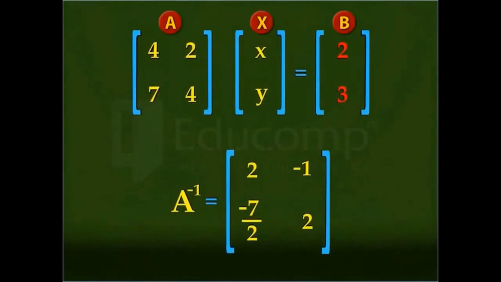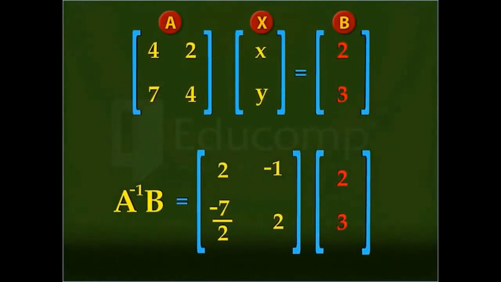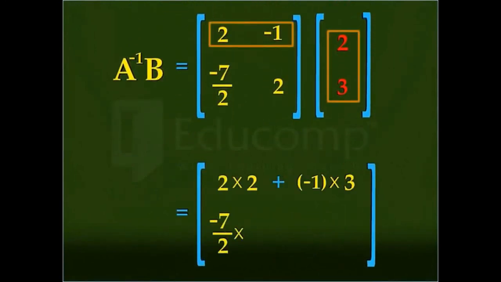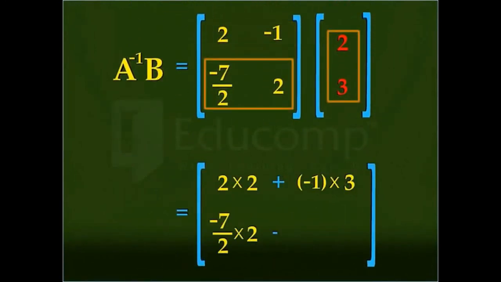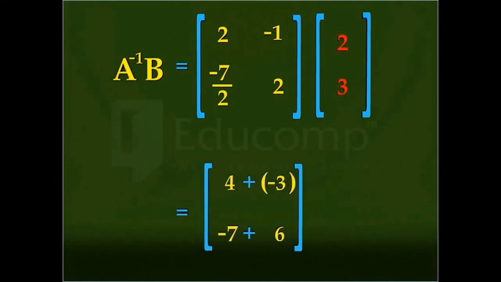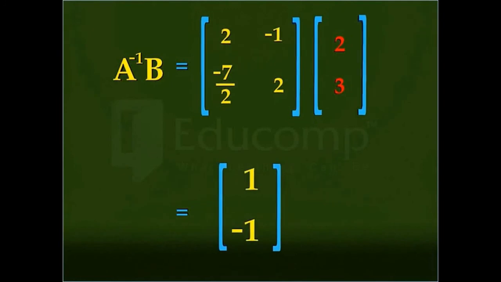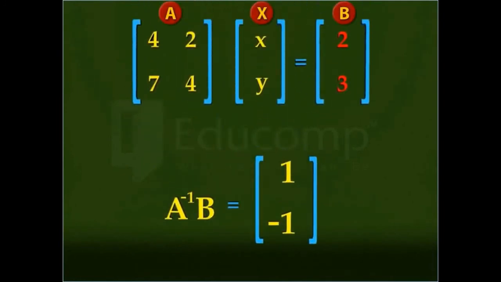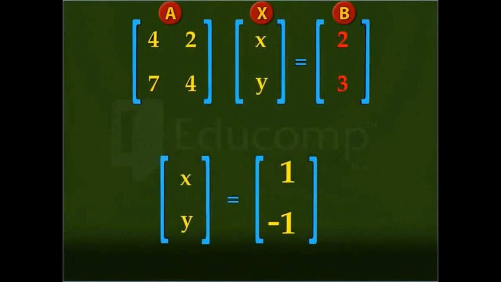Now let us compute the product of A inverse and B. Since A inverse B is equal to matrix X, the value of x is 1 and that of y is negative 1. This is how the matrix inversion method works.